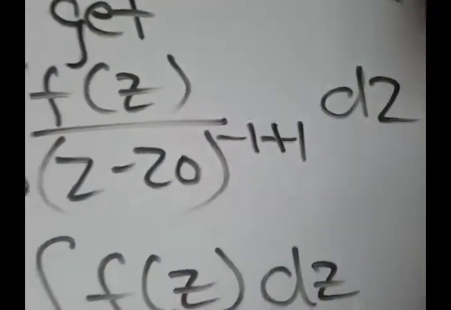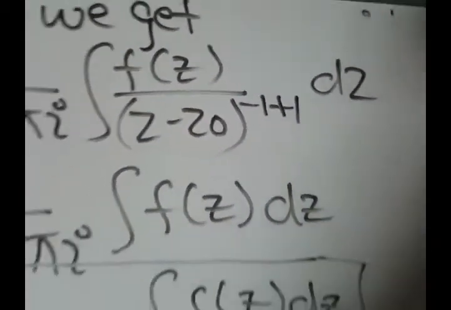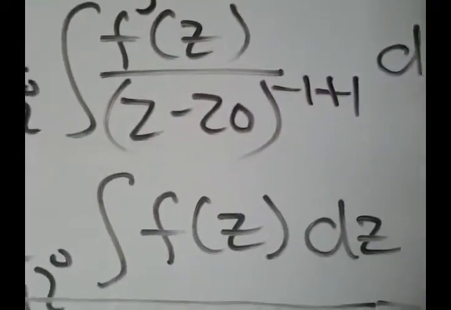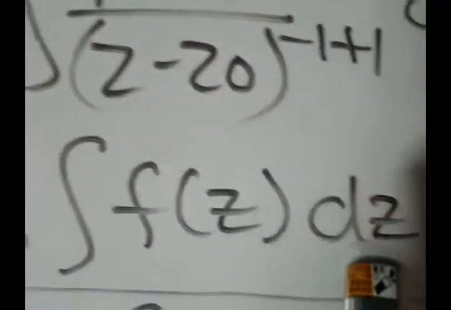After solving, -1 + 1 equals 0, and something to the power 0 is 1, so I'm just writing f(z) dz.